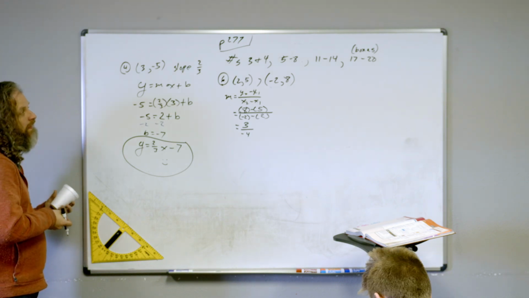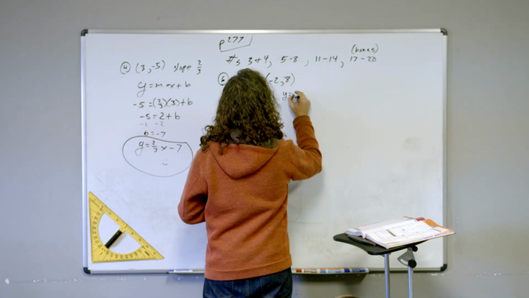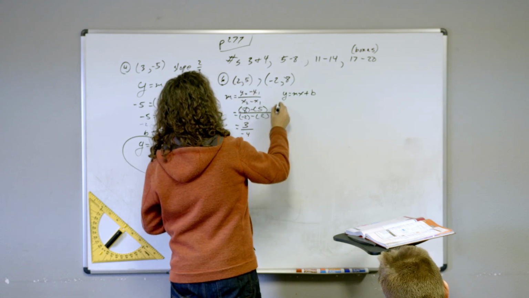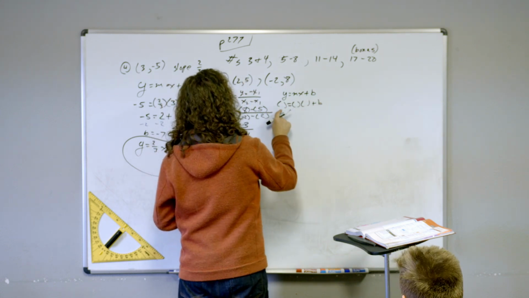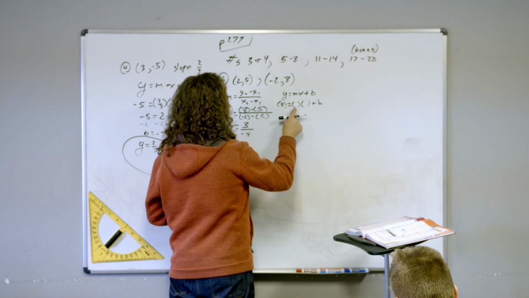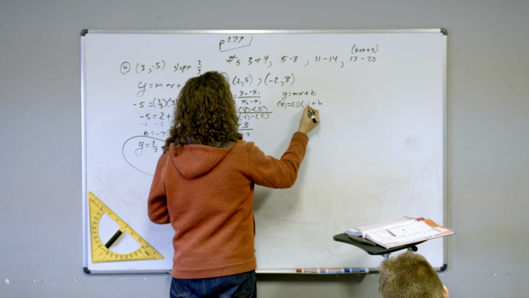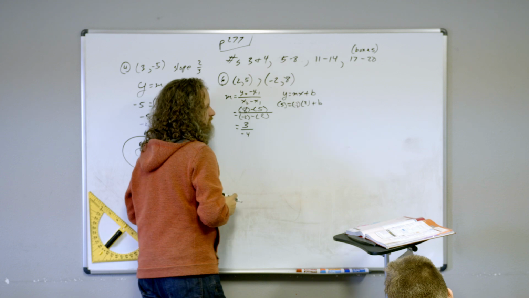Great. Now what? Slope-intercept form, so y equals mx plus b. And then pick a pair of points, so like 2 and 5. What am I going to put right here? 5. This one is negative 3/4. What about this one? 2.